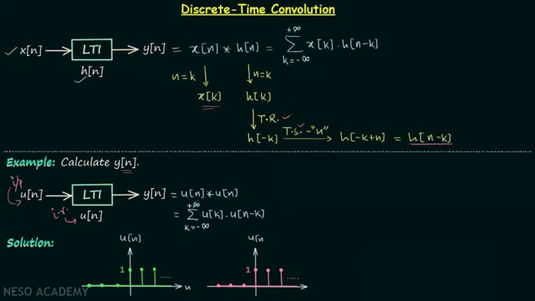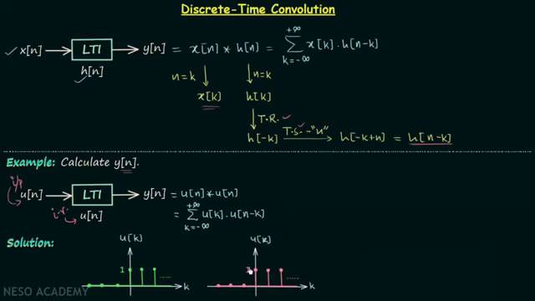So let's quickly replace variable n by variable k. This will give us signal u[k] as the input signal, and the impulse response will now become u[k] as well. You can notice that replacing variable n by k has no effect on the plot of the signal.